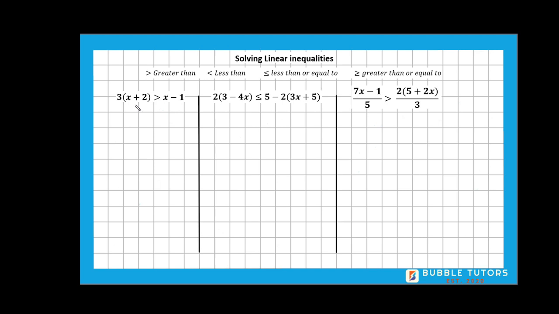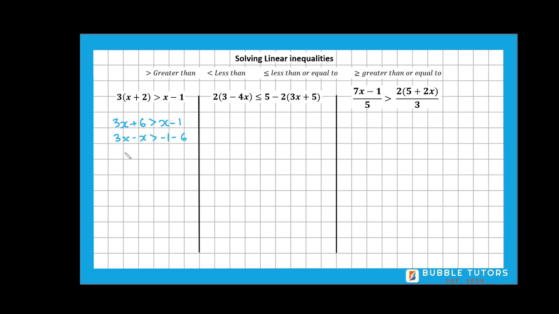So if we just expand this bracket first, we have 3x plus 3 times 2, which is 6, which is more than x minus 1. And then we bring all the x terms to one side. So we bring the x over this side and the 6 over to this side. So we have 3x minus x is more than minus 1 minus 6.